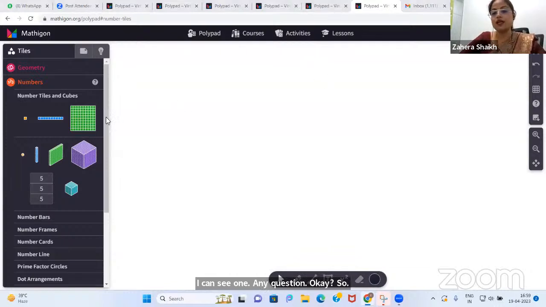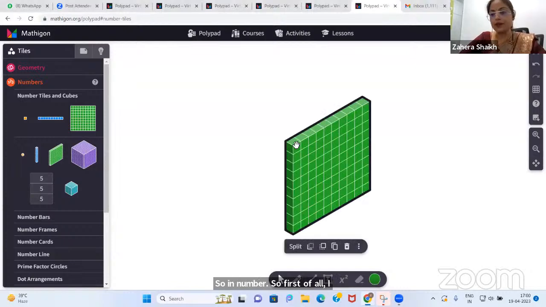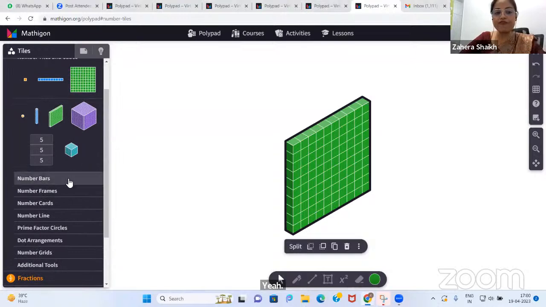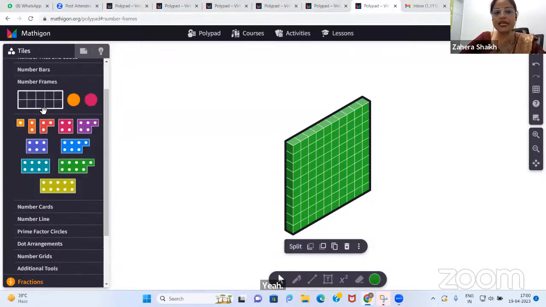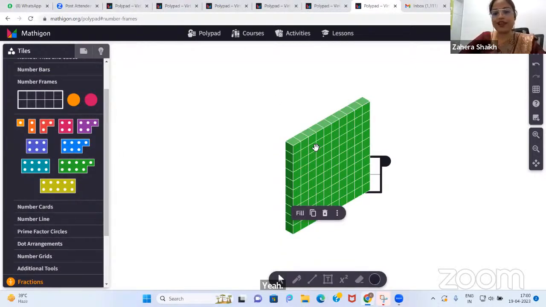There's one question in the chat box. Okay. How should we add 20 plus 2? So in that case, the child needs to understand that 20 means I have to use 2 complete frames.